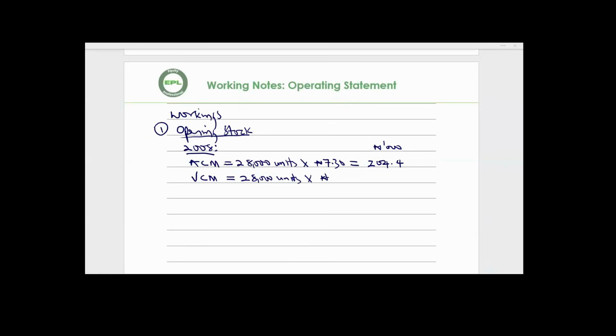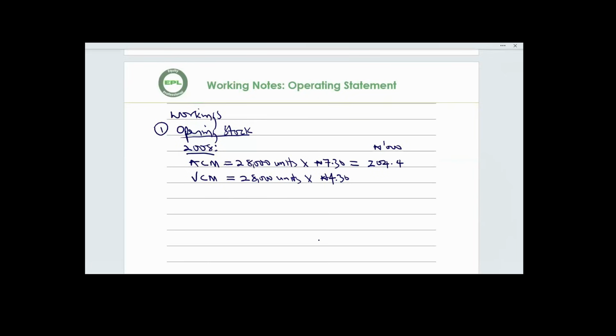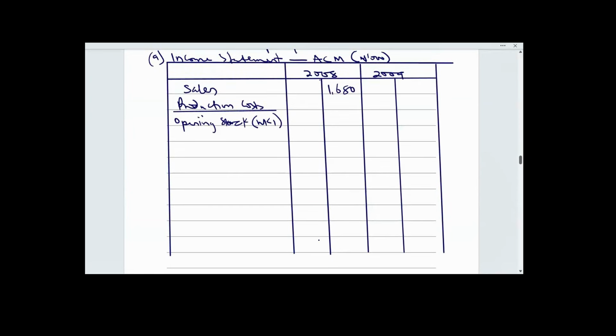Or you can say total cost of 7 naira 30 kobo minus 3 naira fixed overhead, which gives 4 naira 30 kobo. So 28 multiplied by 4.3 gives 120.4. Going back, here is 204.4. Then we have direct material.